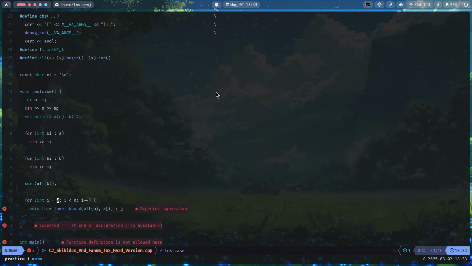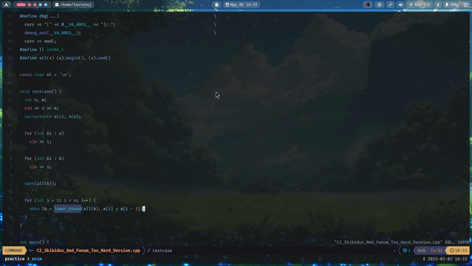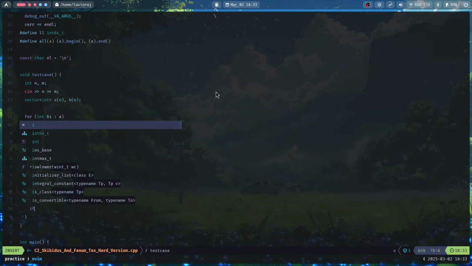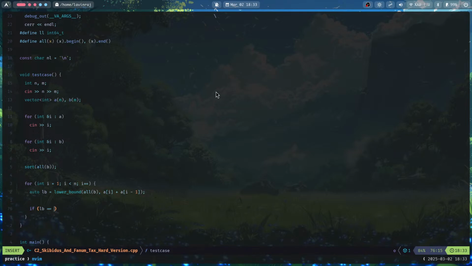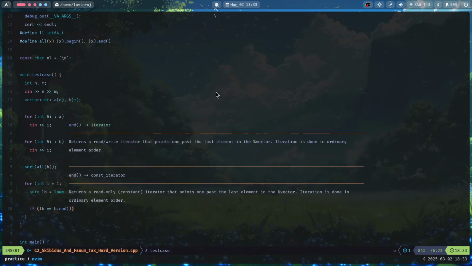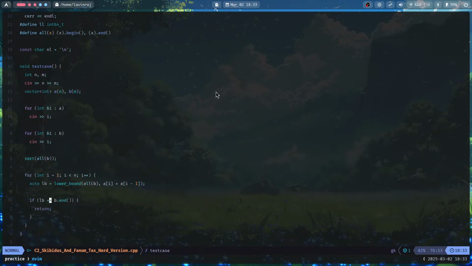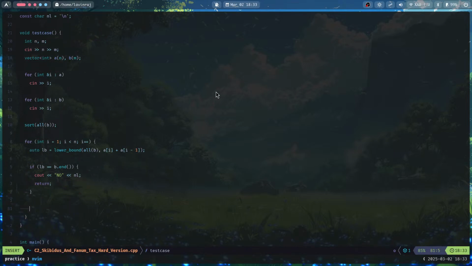We will make it smaller, but from now we just start from index 1. If lb is equal to b.end, then we just return with a no, and otherwise we will continue that algorithm.